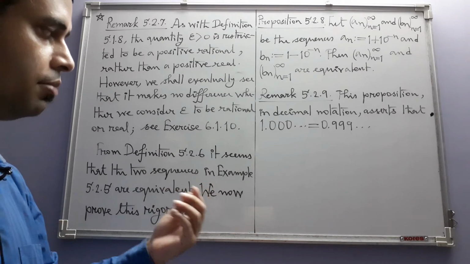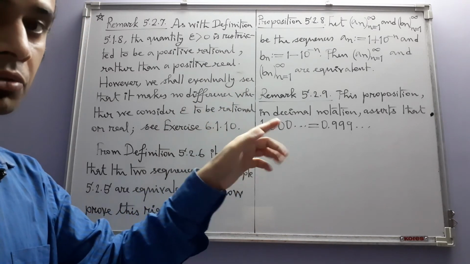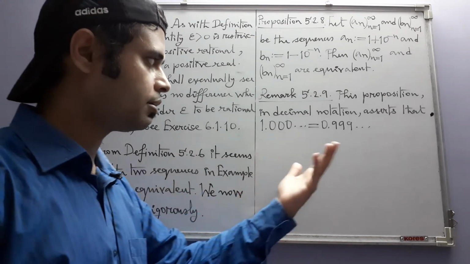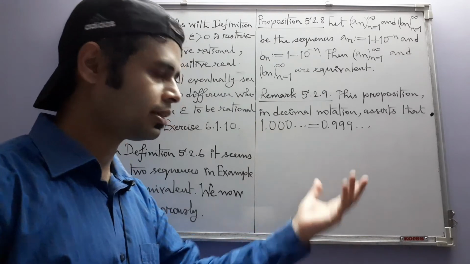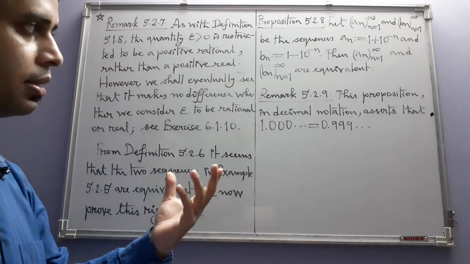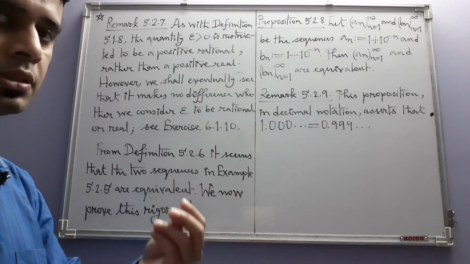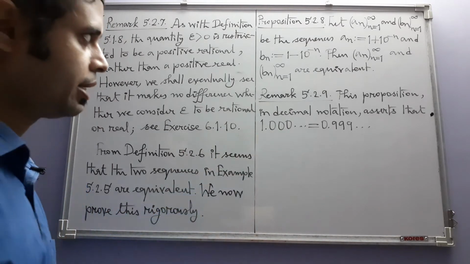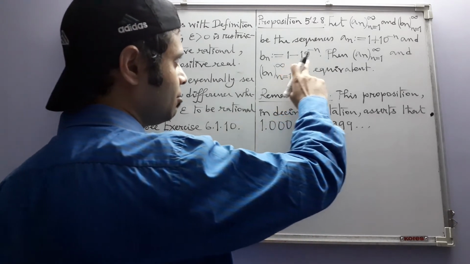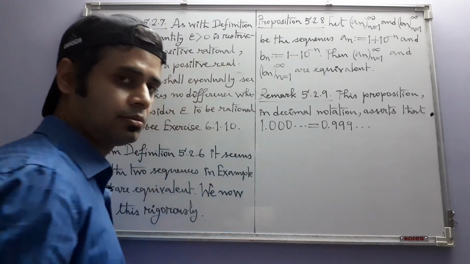So if we are able to show that these two sequences are equivalent now rigorously, then after having the definition of a real number, we can say that because of this equivalence, the real numbers associated to these sequences as their limits are actually equal. So that's why from the equivalence of these two sequences, you get this fact.